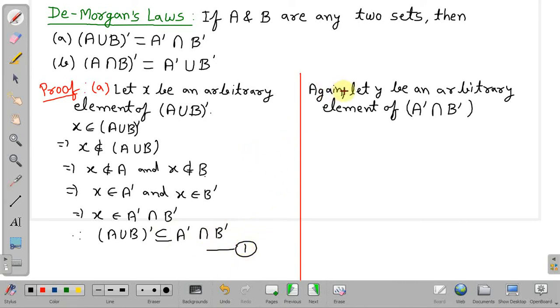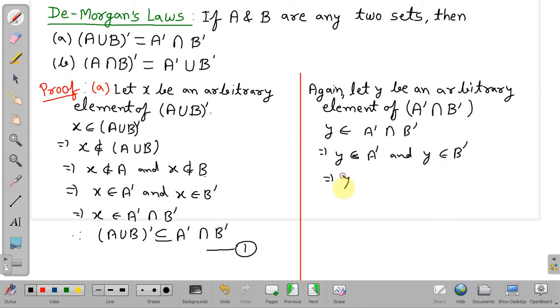Now we are assuming y to be any element of A complement intersection B complement. So y is an element of A complement intersection B complement. So we can write y is an element of A complement and y is an element of B complement.